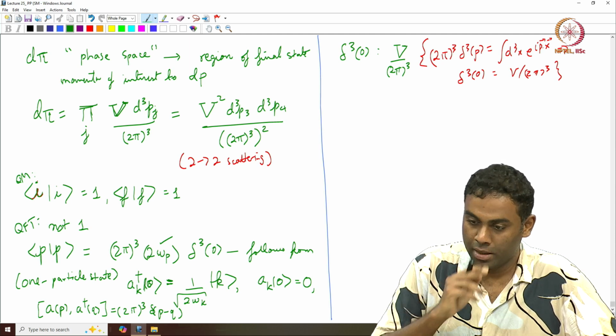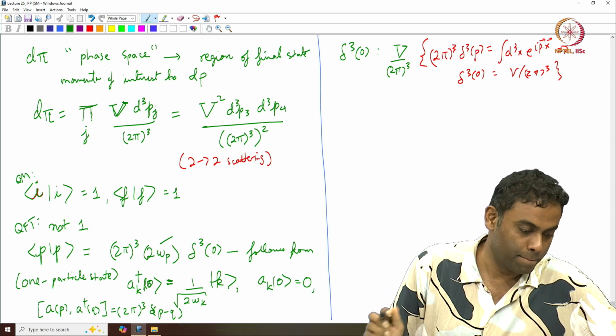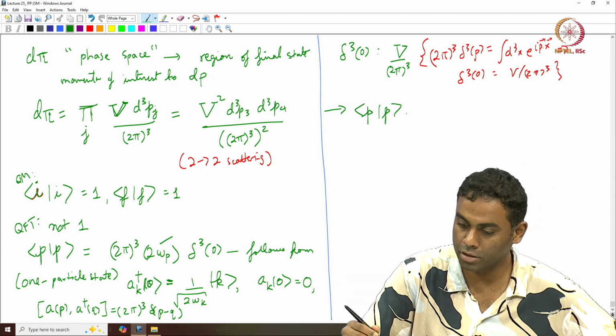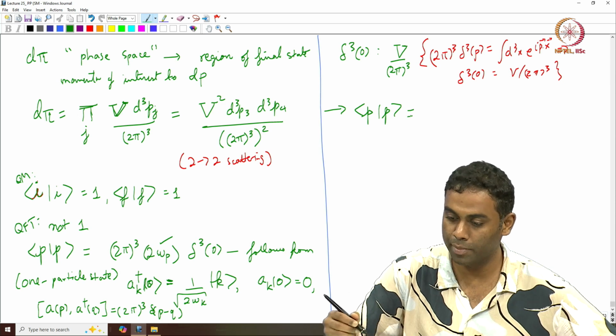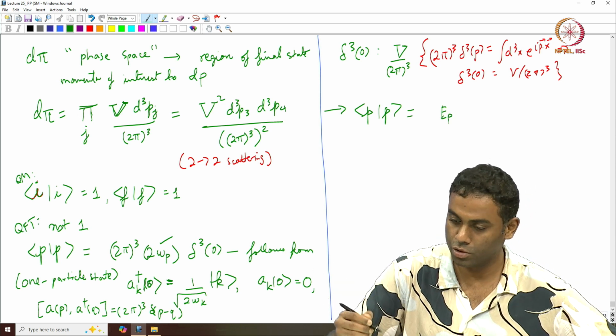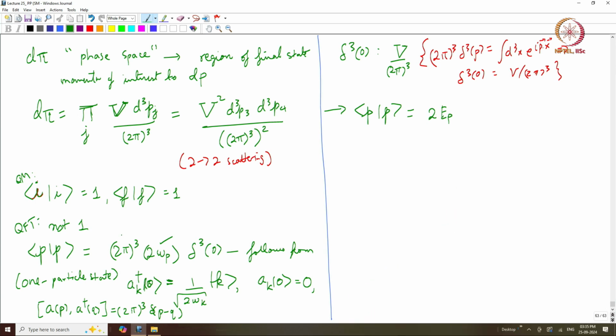So putting all this together, this norm is nothing but, instead of ω_p, let me just write E_p, so 2E_p times (2π)^3 δ^3(0), which is nothing but the volume.